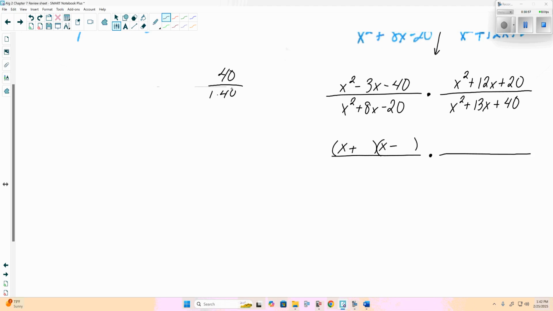We have 1 and 40, 2 and 20, 4 and 10, 5 and 8. Yes, 8 and 5. 8's negative, 5's positive. And we can check and make sure x times negative 8 would be negative 8x. 5 times x would be positive 5x, giving us indeed the negative 3x that we wanted.